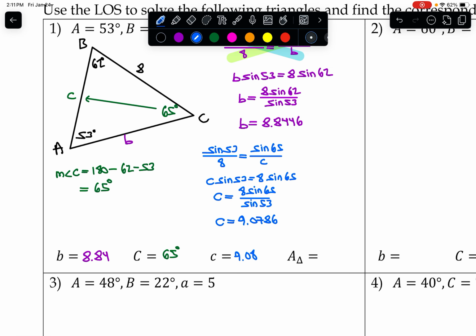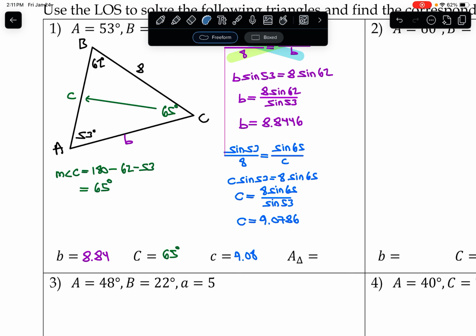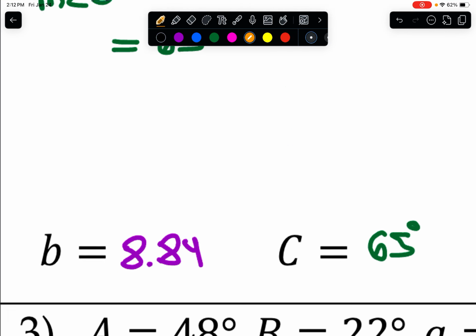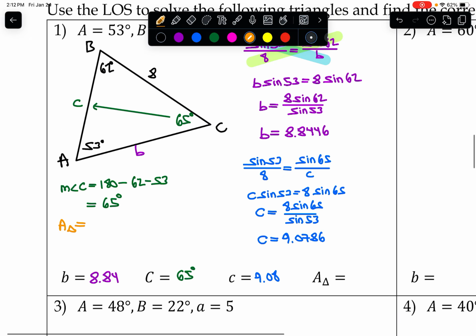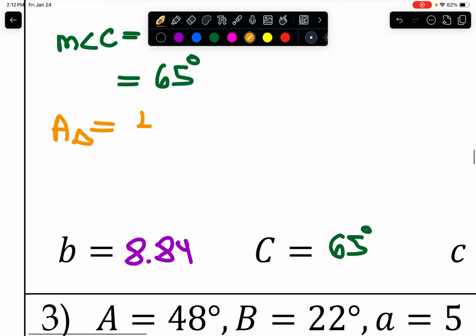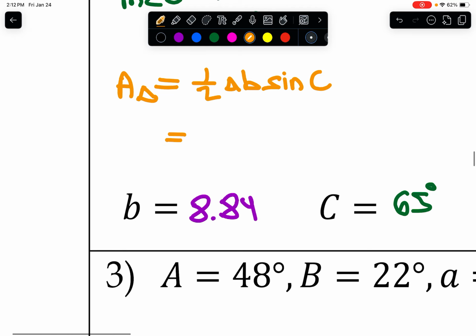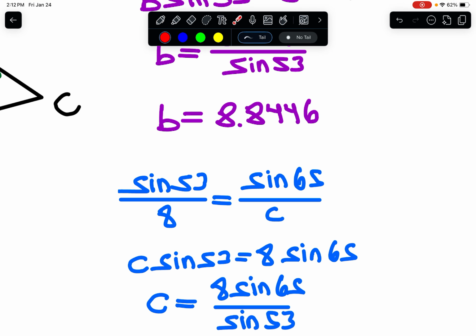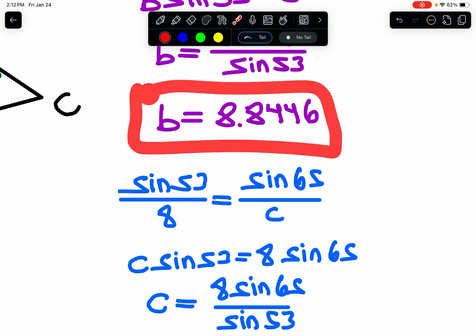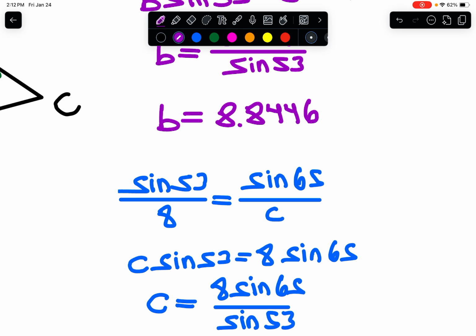All right, now I'm ready to find the area. Let's move you over a smidge, and I'm going to do the area way over here. My default for the area is 1/2 AB sine C, which in this case is going to work. So this is going to be 1/2 times my A value, which is 8, times my B value. Now, when you're pulling your B value, I would definitely recommend using as many decimal places as possible.